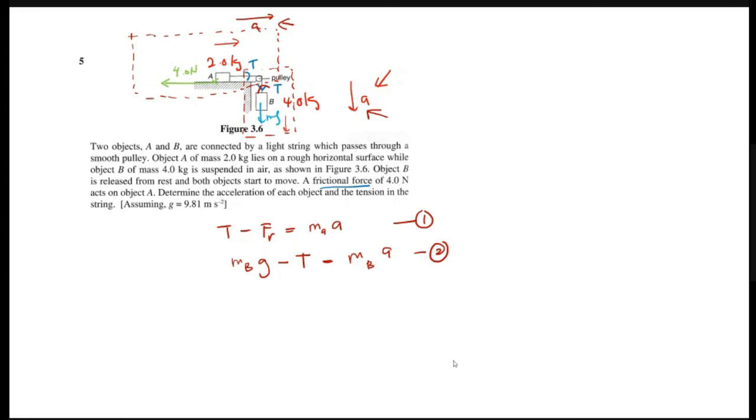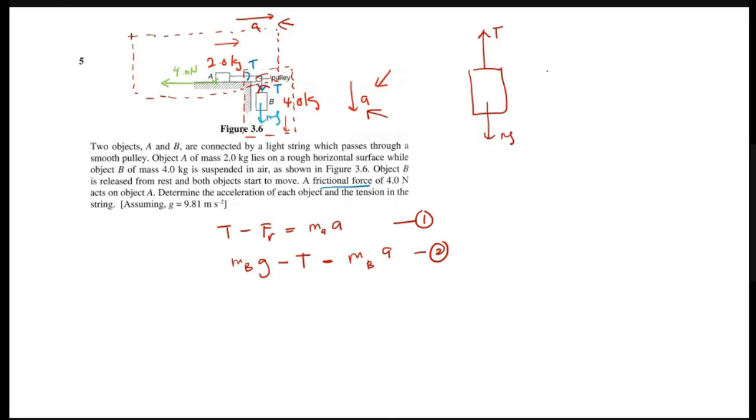Sir, the second T, is it pointing upward or downwards? Upwards. If I cut this part, this is T pointing upwards, and MG pointing downwards.